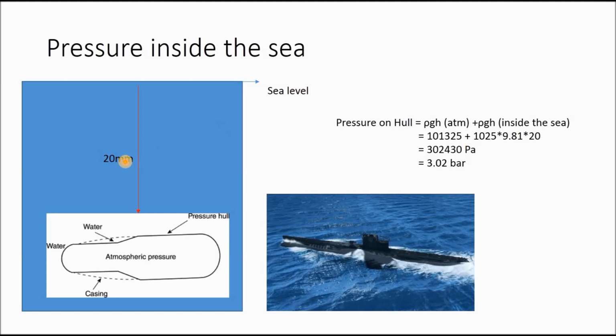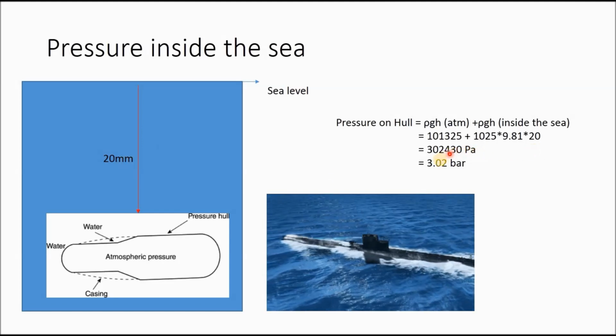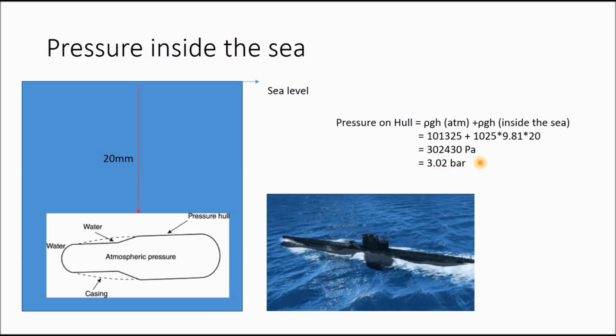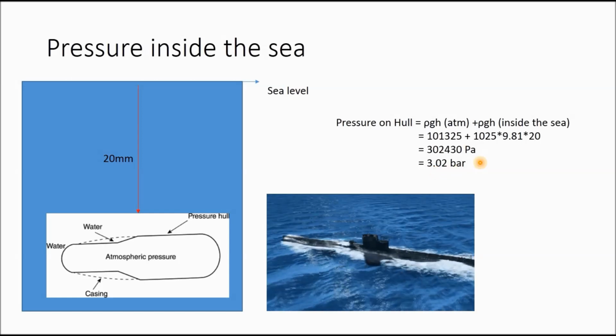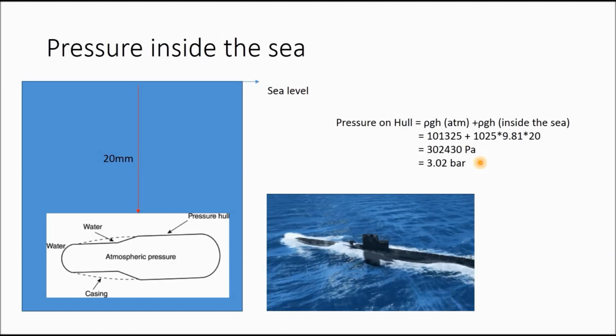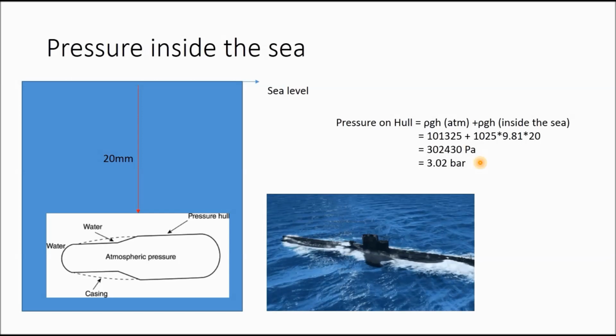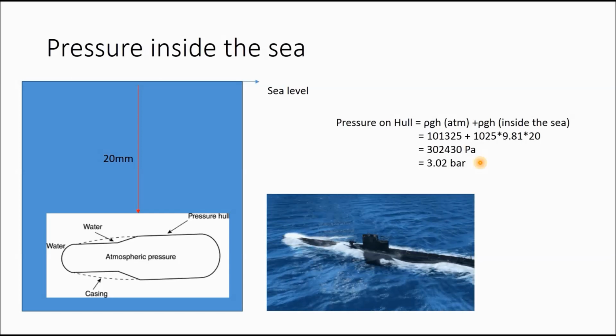It's not mm, it is 20 meters. So if you go 20 meters down, 3.02 bar pressure is acting on the hull of the submarine. If you are going below sea level, the pressure increases.